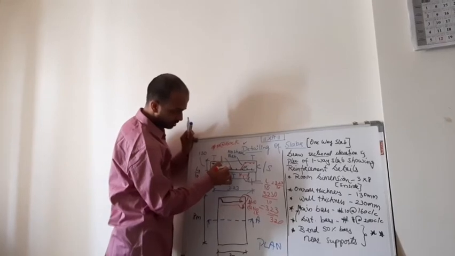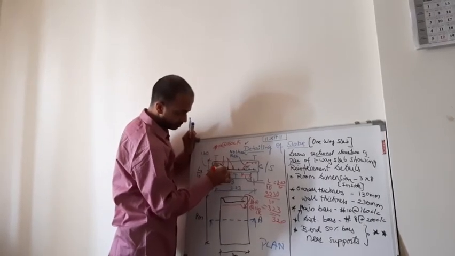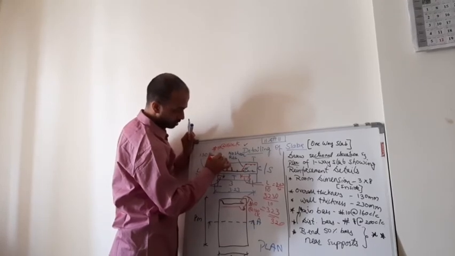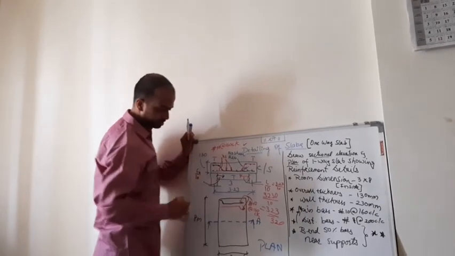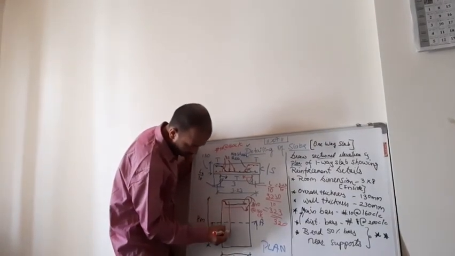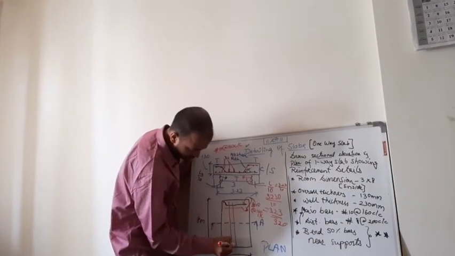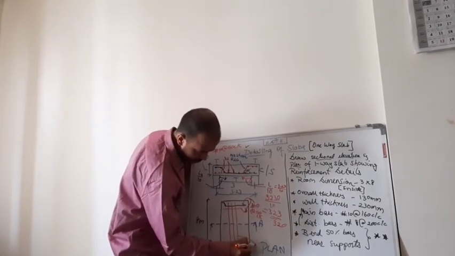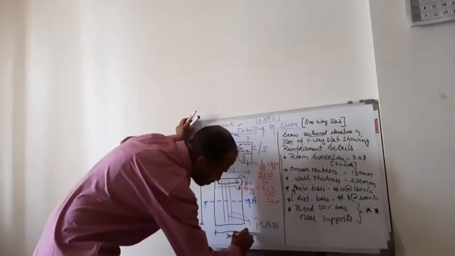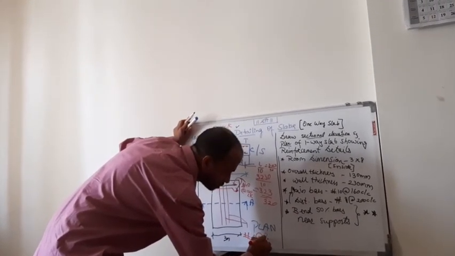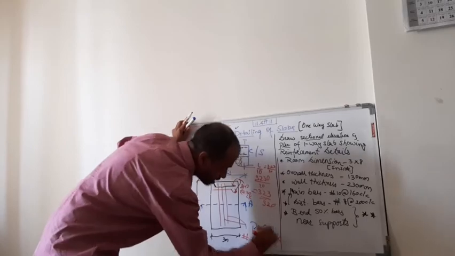If there is no space, kindly adjust with this. So this is a distribution steel. I will mark it as distribution steel, DS. Okay, this will be running in this direction. So these are distribution steels, phi 8 at 200 center to center.